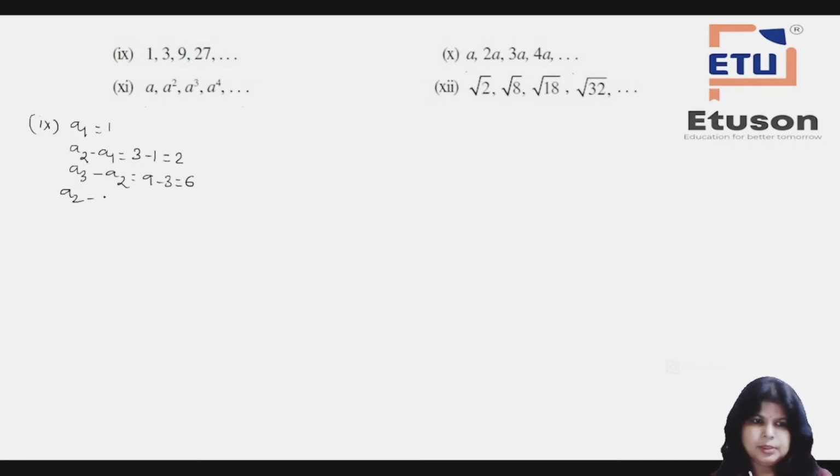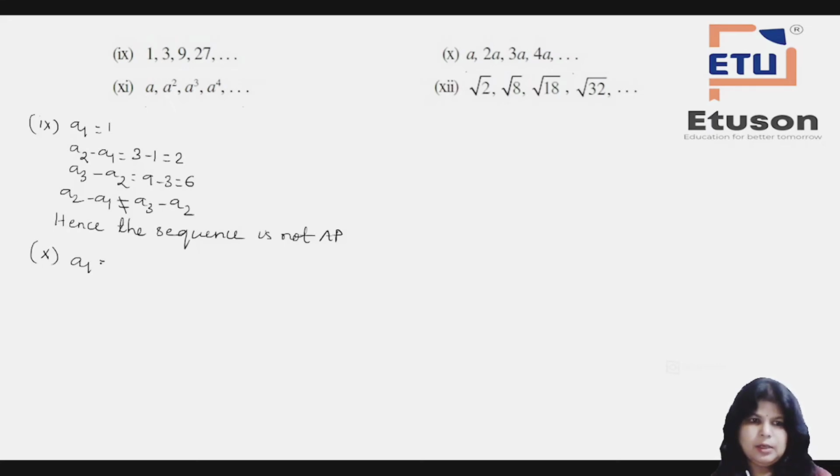So here A2 minus A1 is not equal to A3 minus A2, hence the sequence is not AP. Correct?